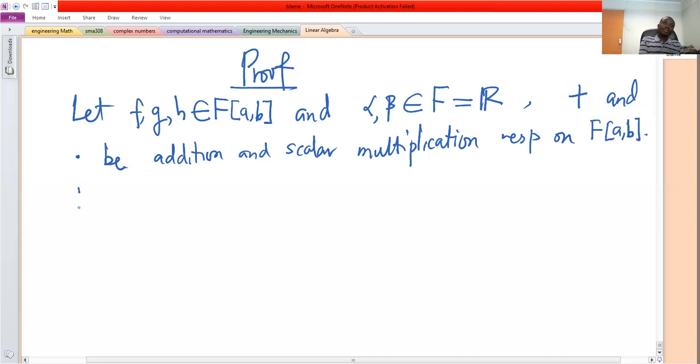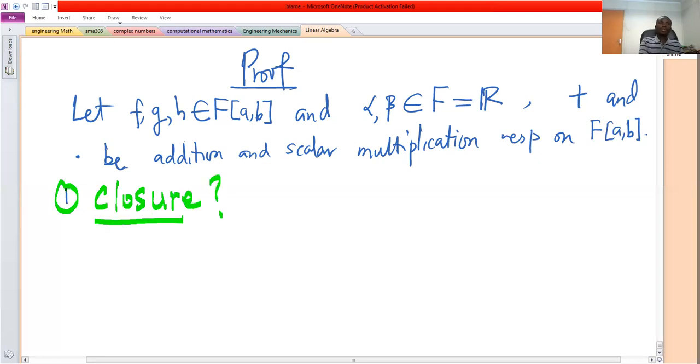So the first property to prove is closure with respect to addition on the set capital F. So property one, closure.